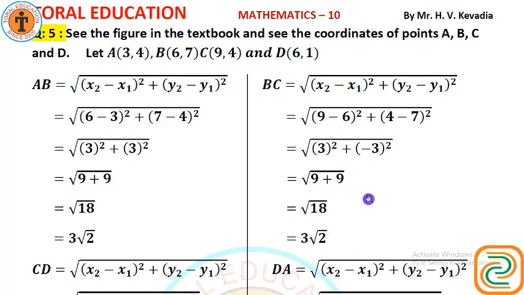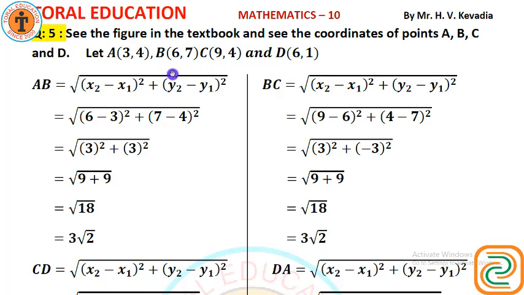So let's see. Champa and Chameli, 4 friends. So first find out the points A, B, C and D. So A is 3, 4, look at the graph. X coordinate is 3 and Y coordinate is 4.